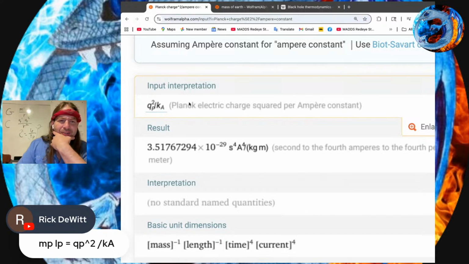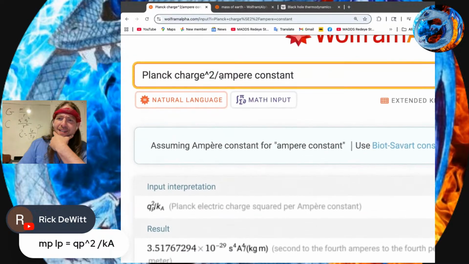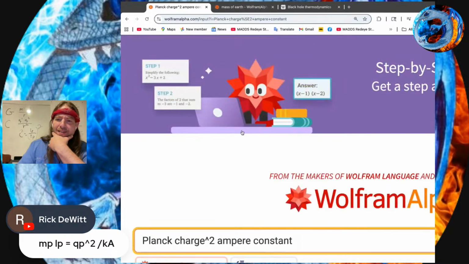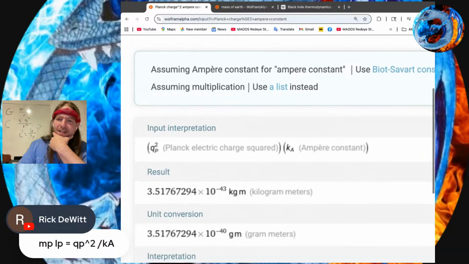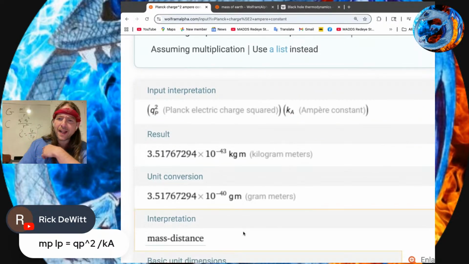Planck charge squared divided by Ampere's constant. Planck charge times Ampere's constant gives mass distance. Huh.